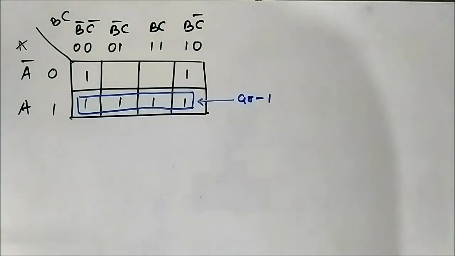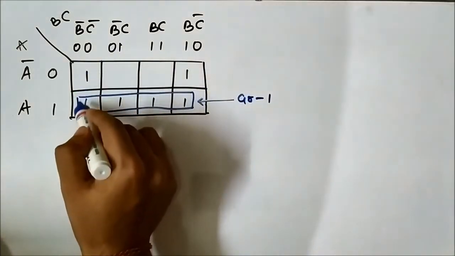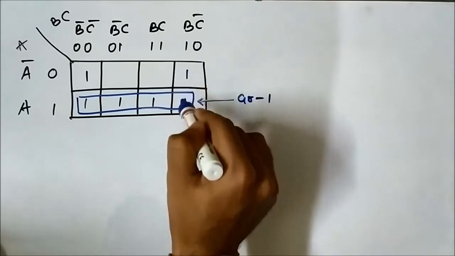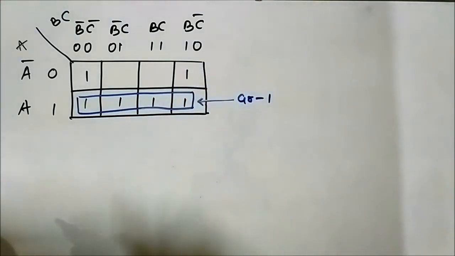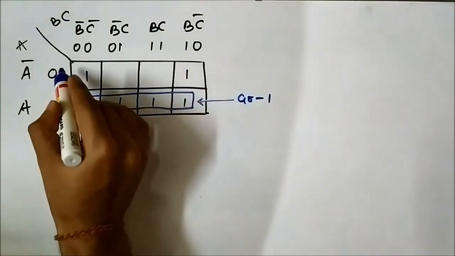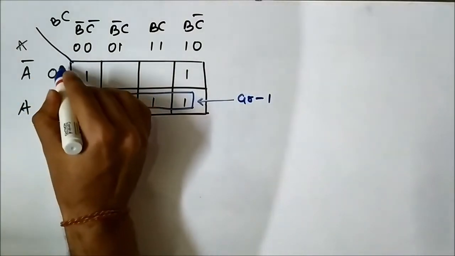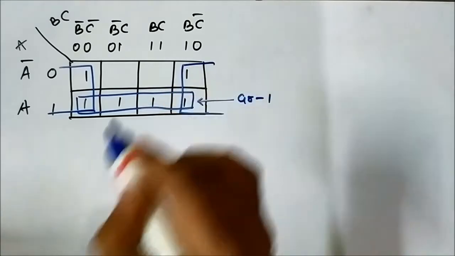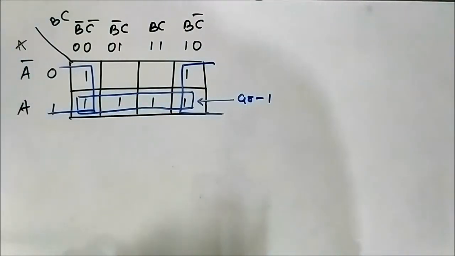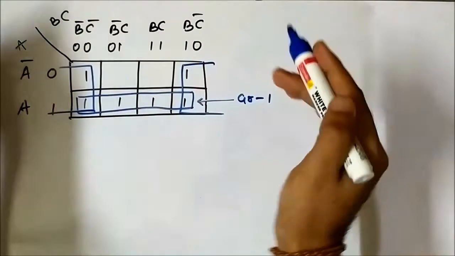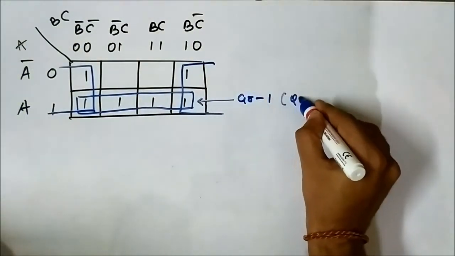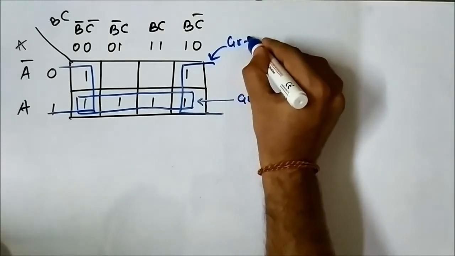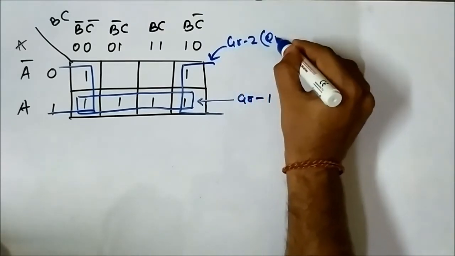Then these 2 cells and these 2 cells, we can also form a quad like this. This is a very interesting thing. So this is also a quad, and this group 2 is also a quad.